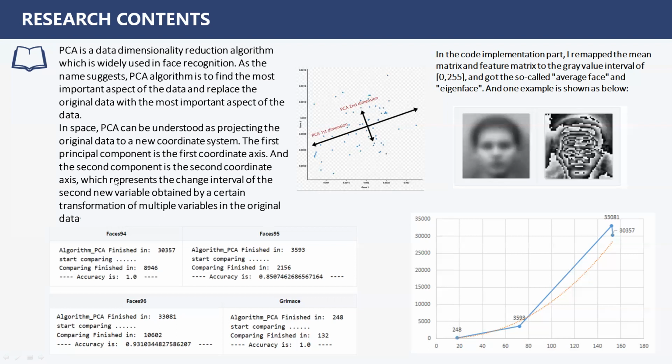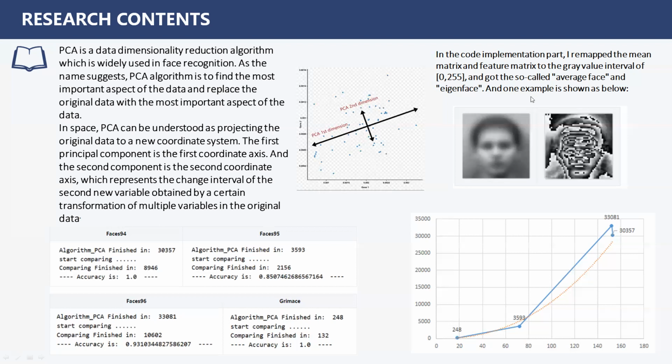The first principal component is the first coordinate axis here, and the second component is the second coordinate axis, which represents the change interval of the second new variable obtained by the linear transformation of multiple variables in the original data.